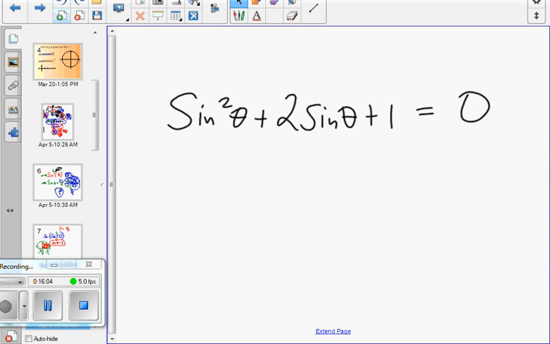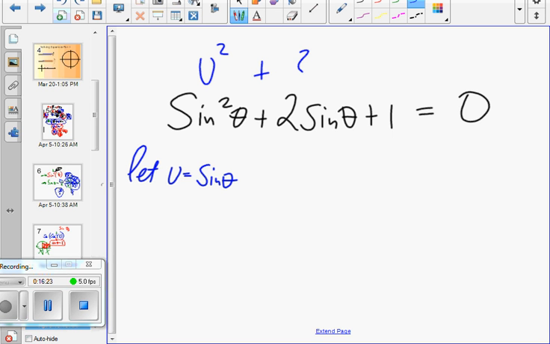Because this can factor. You might want to do a u substitution to make your life a little easier. Let u equal what in this case? Sine. So then this becomes u squared plus 2u plus 1 equals 0. That is eminently easy to factor.